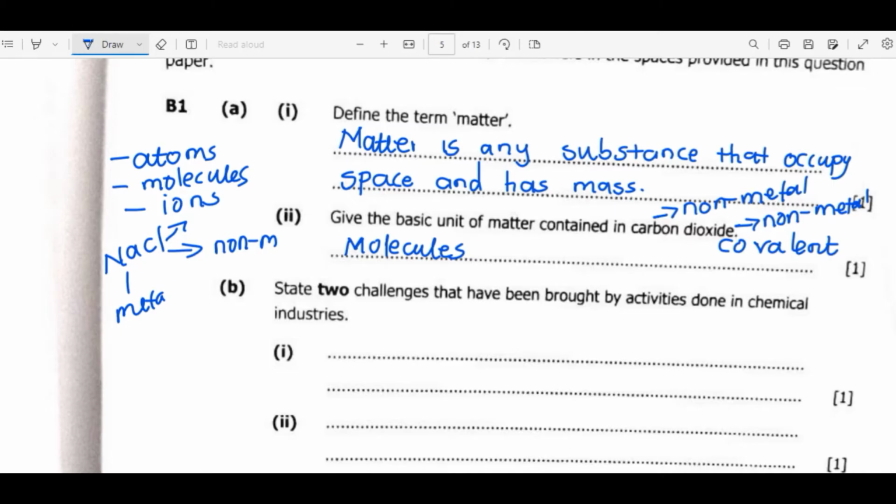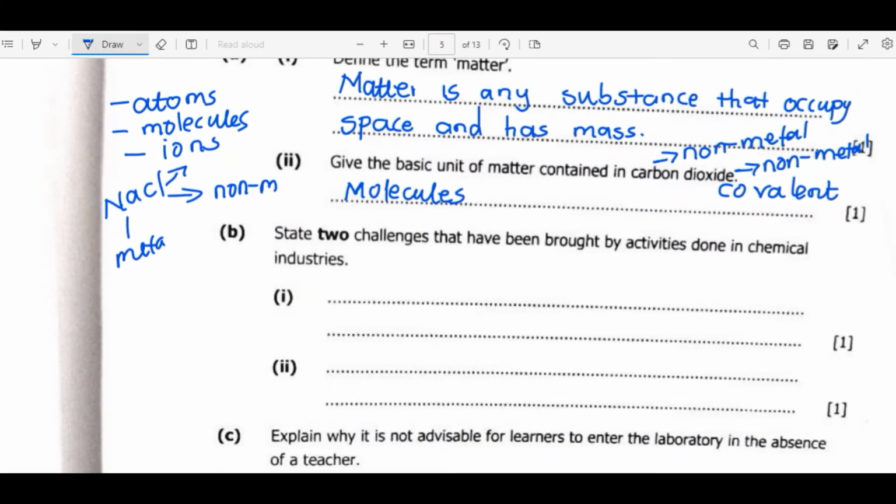Then let's move on to B. B states 2 challenges that have been brought by activities done in chemical industries. So 2 challenges, we can say it causes air pollution in case of emission of gases, such as in industries that involve complete combustion, where we are going to have carbon dioxide.